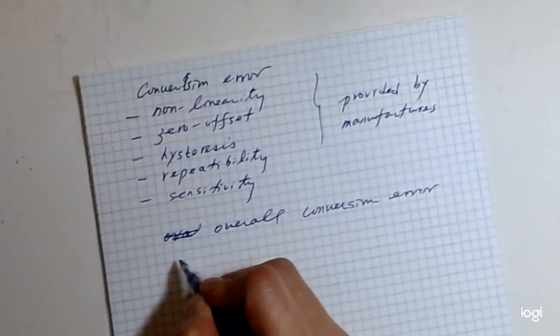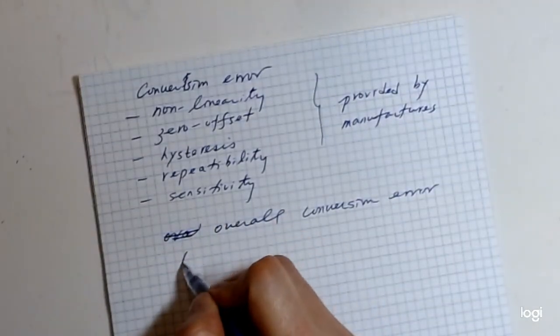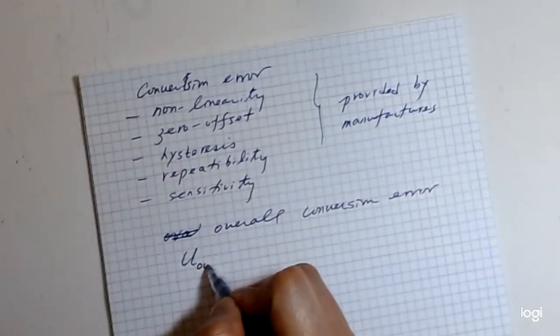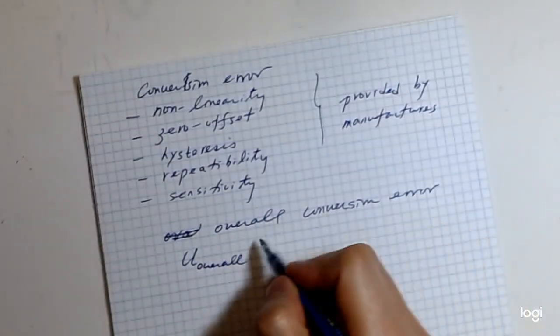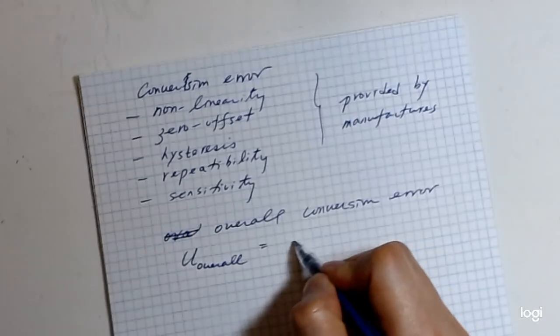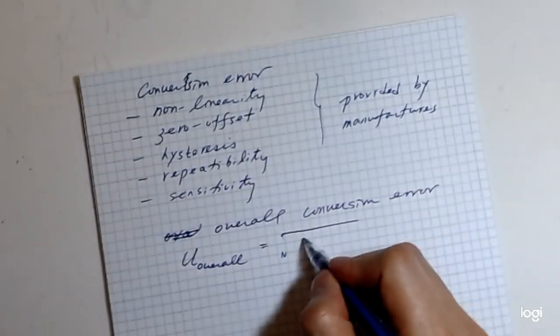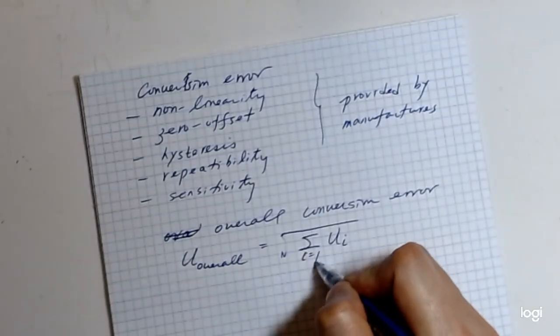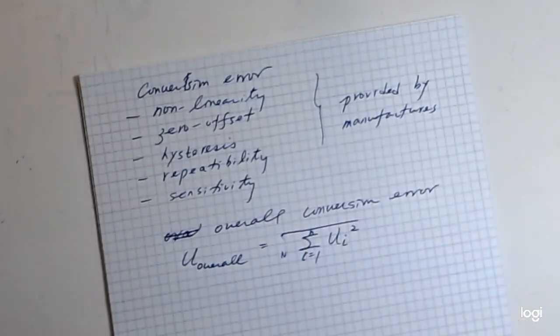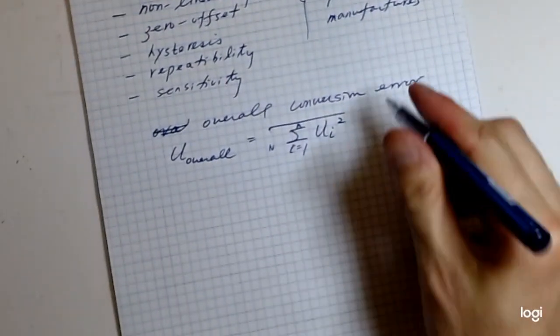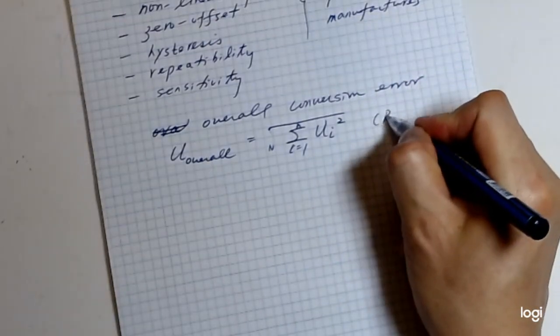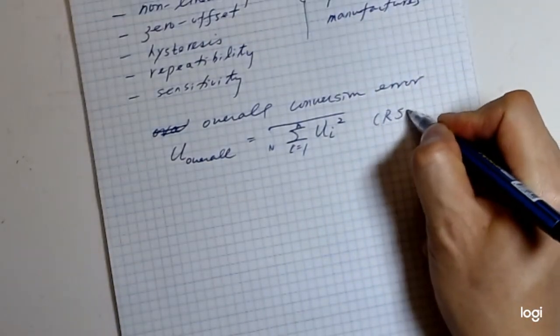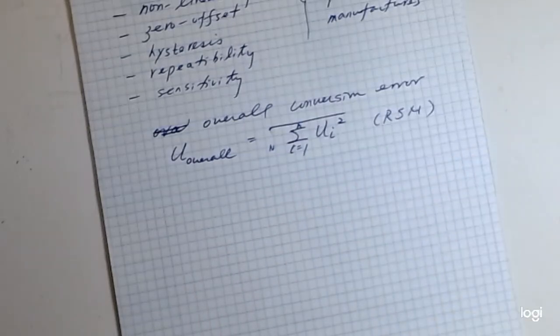So the overall uncertainty should be the root sum square, still using root sum squared uncertainty or errors.